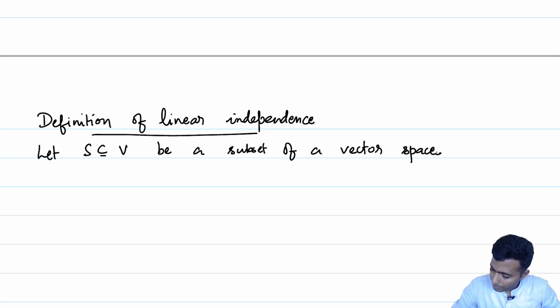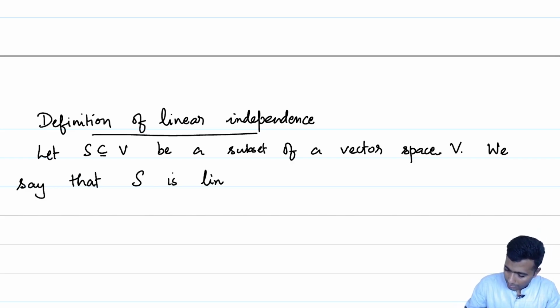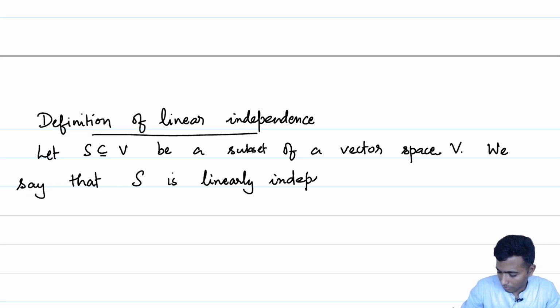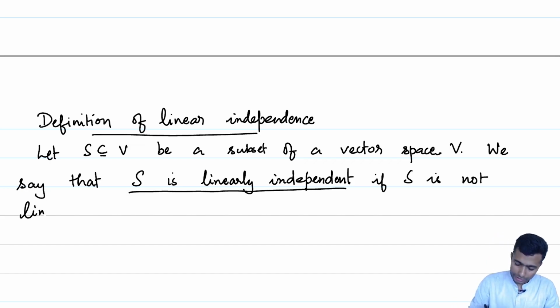Of a vector space V, we say that S is linearly independent if S is not linearly dependent.